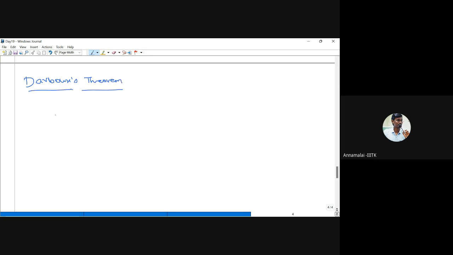So what does the theorem statement say? Suppose f is a function from the closed interval [a, b] to R and is differentiable. Since it is differentiable, it is automatically continuous.